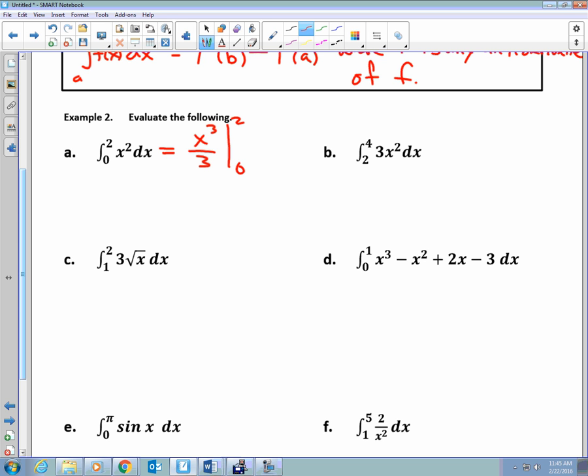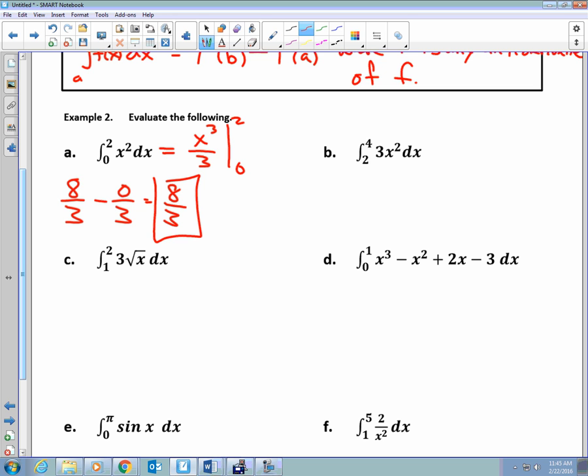That means that we evaluate the function at these spots. That's what that notation means. We plug in 2, we get 8 over 3. Plug in 0, we get 0 over 3. We subtract the results. And that's all there is to it.